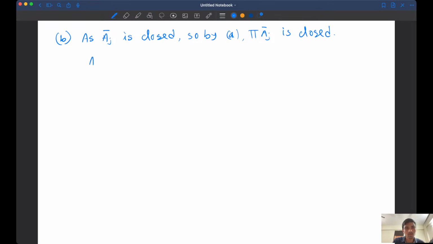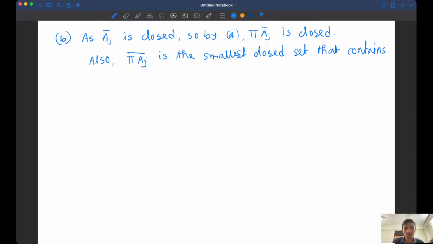Also, the closure of the product of aj is the smallest closed set that contains the product of aj, right? Over all j, the product contains aj, but aj is already contained in aj closure. Every set is contained in its closure, for all j.